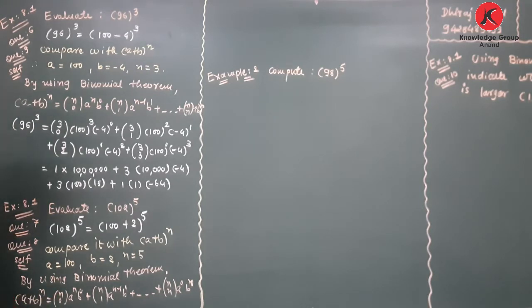Now put the values of a, b and n here. Here a equals 100, b equals 2 and n equals 5.